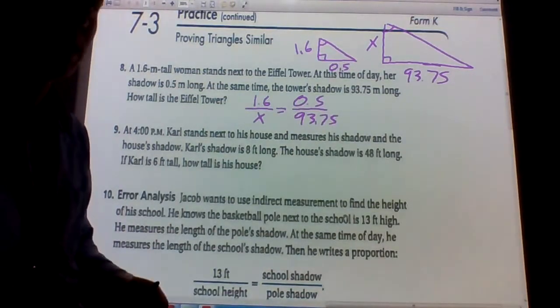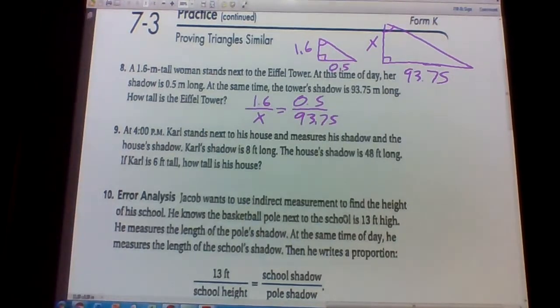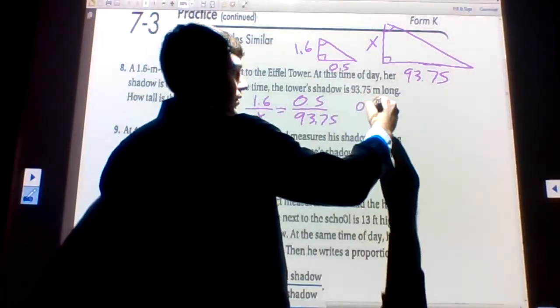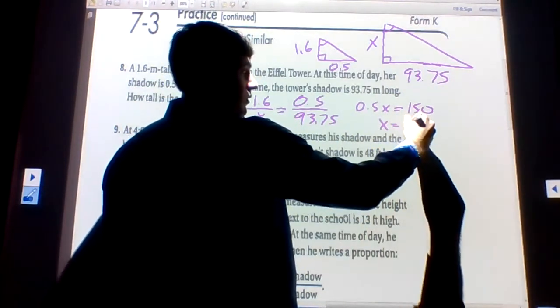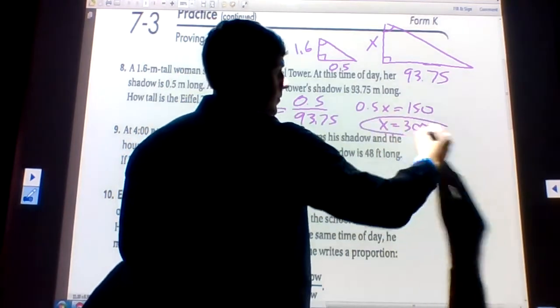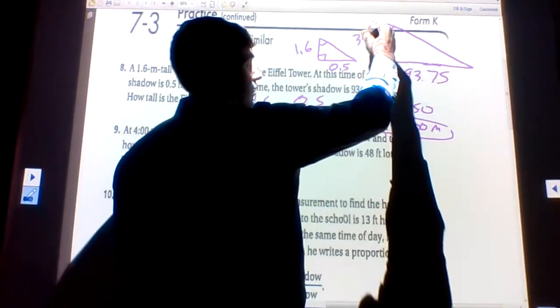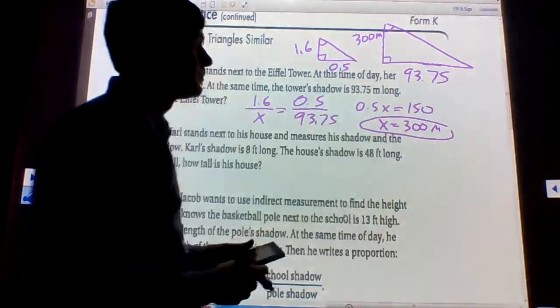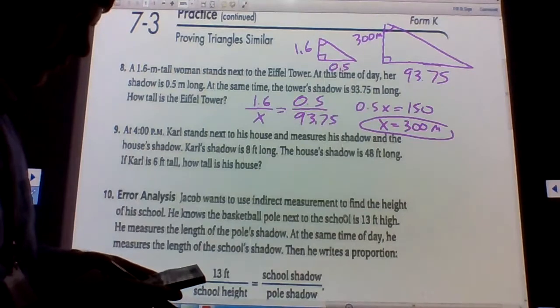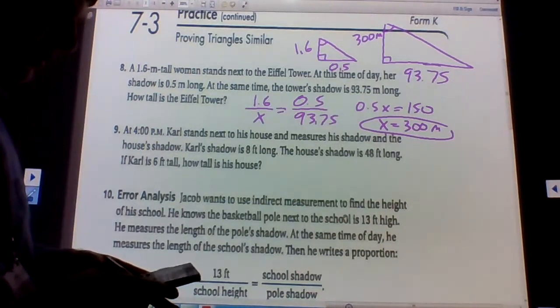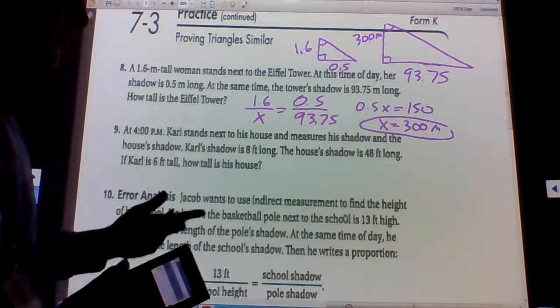When you cross multiply, you will get 0.5x equals whatever 1.6 times 93.75 is. It's 150. So you get 0.5x equals 150, and x is going to be 300 meters. So 300 divided by 93.75 should be the same as 1.6 divided by 0.5, 3.2.